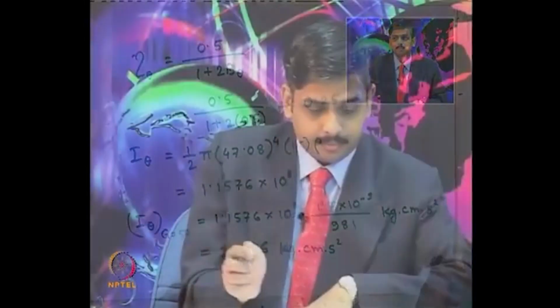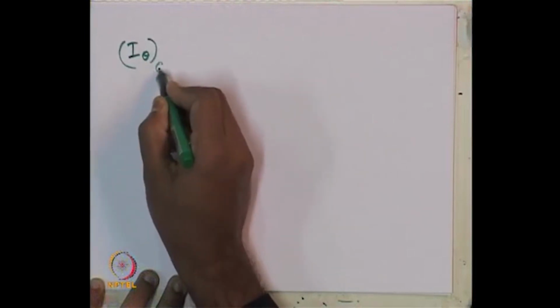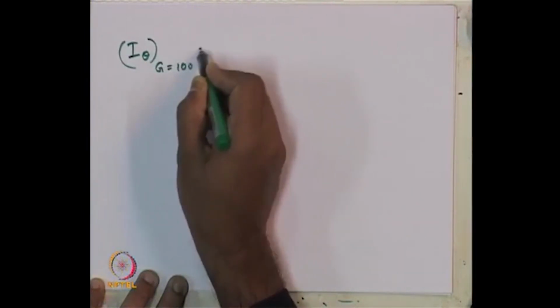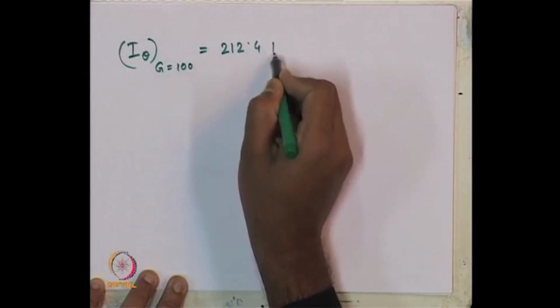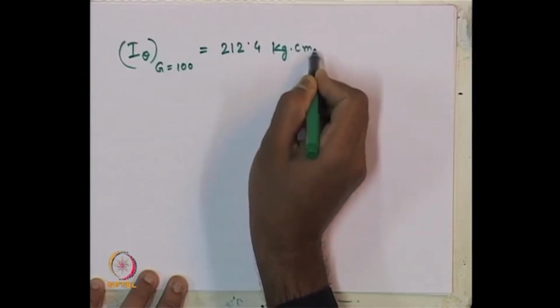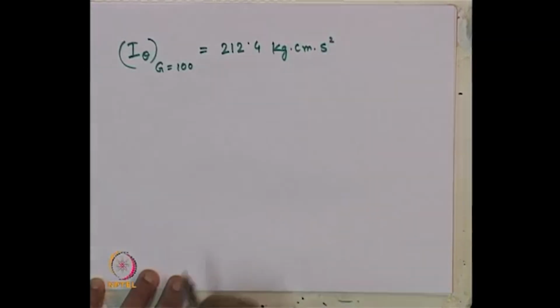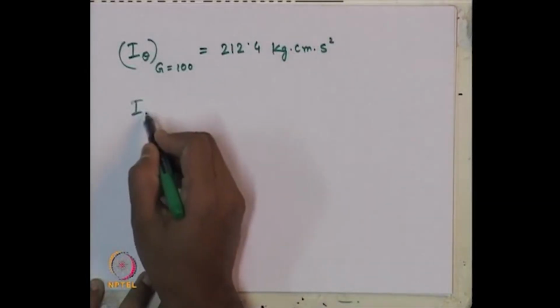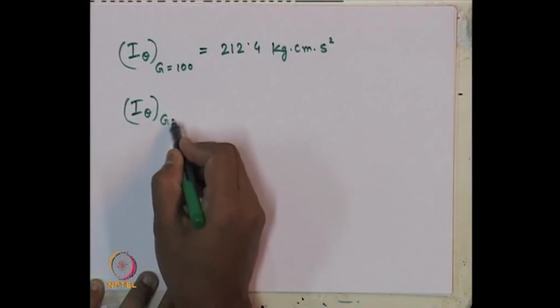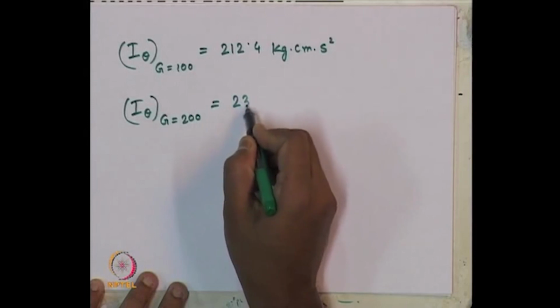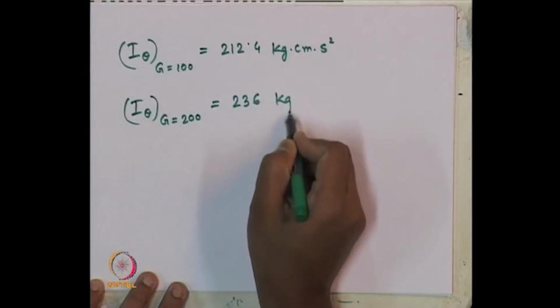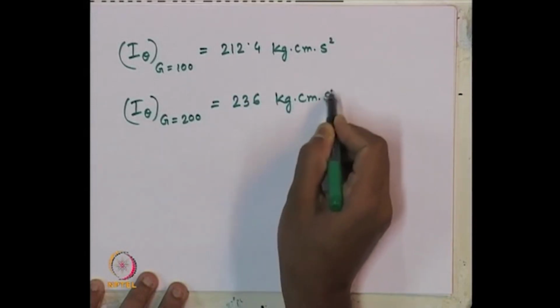Okay? Similarly, the other two values of I theta for g equals to 100 will be 212.4 kg centimeter second square, and I theta for g equals to 200 will be 236 kg centimeter second square.